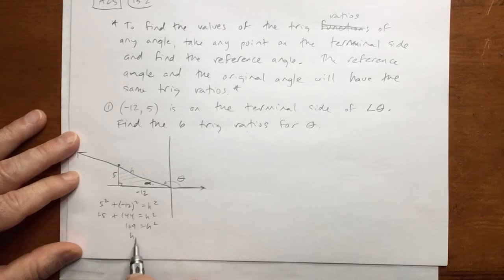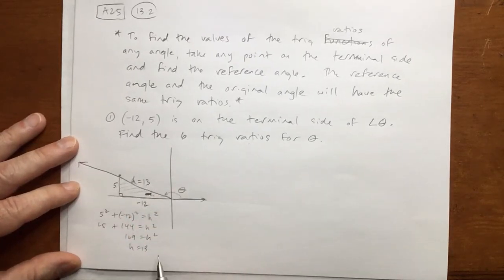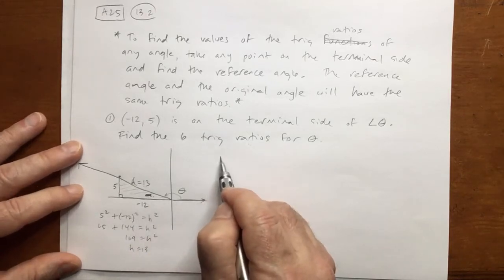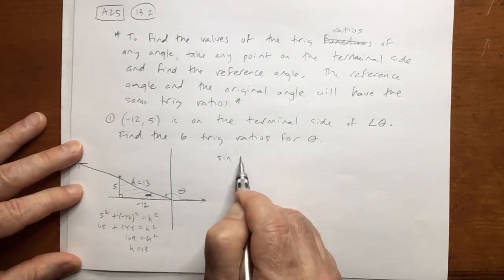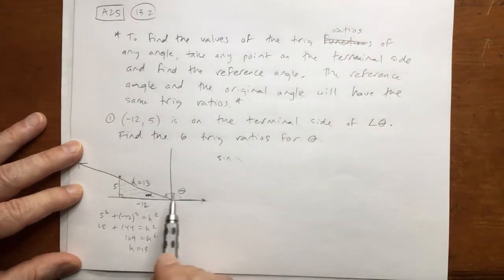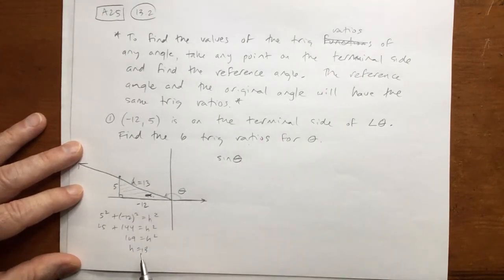That's a recognizable one. H is 13. Okay, so if I wanted to, I could write the sine of alpha, but what we learned up here is this reference angle and the angle of our interest right here, theta, will have the same trig ratios, and so I'm just jumping right to the answer.